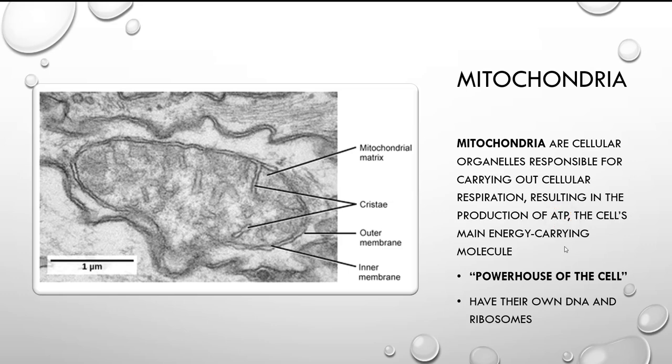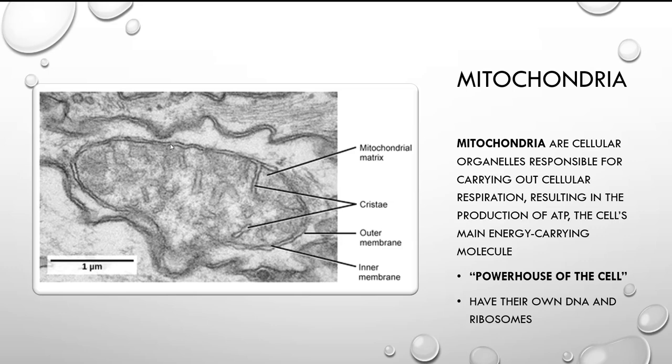What's interesting about mitochondria is that we think mitochondria at one time was a prokaryotic cell. We think an ancient eukaryotic cell engulfed one of these prokaryotic cells, and instead of just digesting it, it became incorporated in the eukaryotic cell. The reason we believe this was an ancient prokaryote is because the mitochondria has its own DNA as well as its own ribosomes.